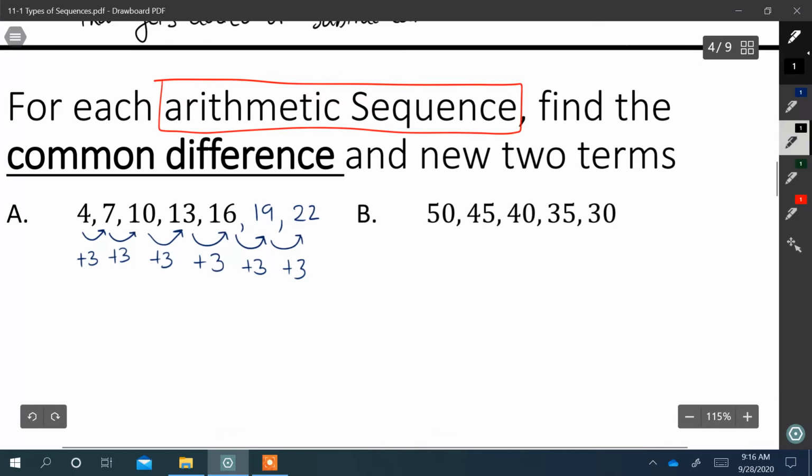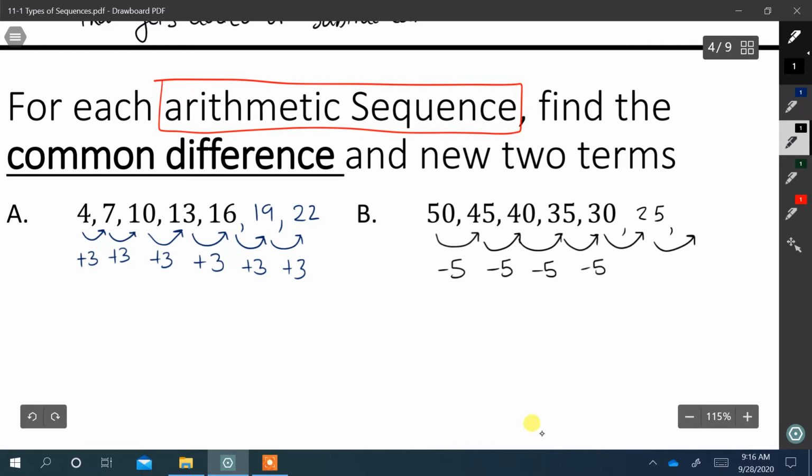On this one here, it seems that we're subtracting 5. So remember, in arithmetic sequences, you could also subtract 5. So we got 25, and what will be the next one there? That would be 20. All right.